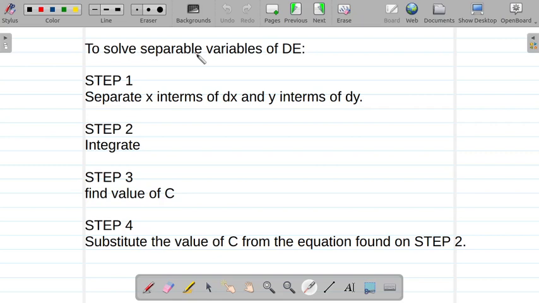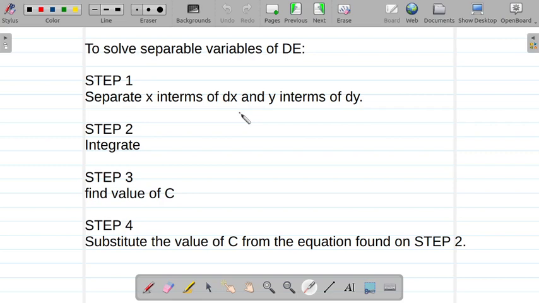So next, akong gibutangan og step-by-step process ang pag-solve sa separable variables of DE. So to solve separable variables of DE, ang step 1 nato nga buhaton is separate x in terms of dx and y in terms of dy. Then, pag ma-separate na nato siya, need nato i-integrate, which is step 2.